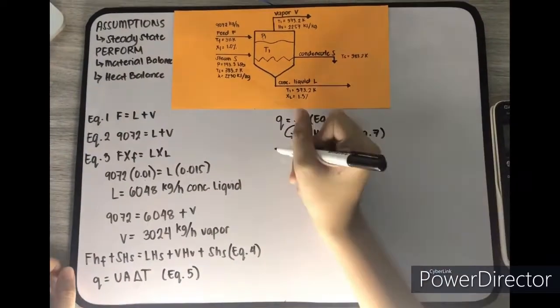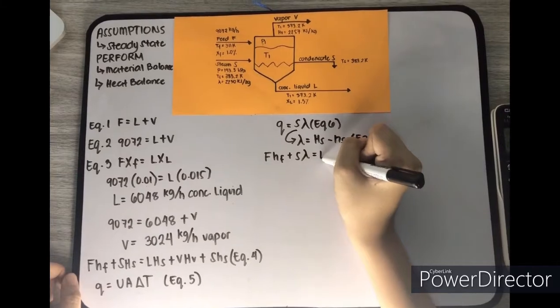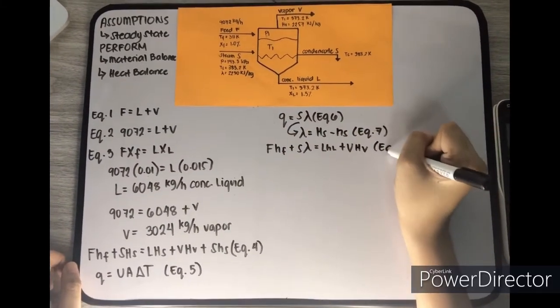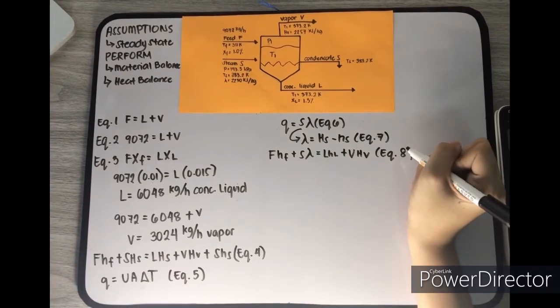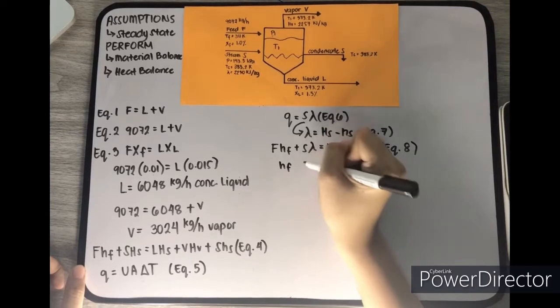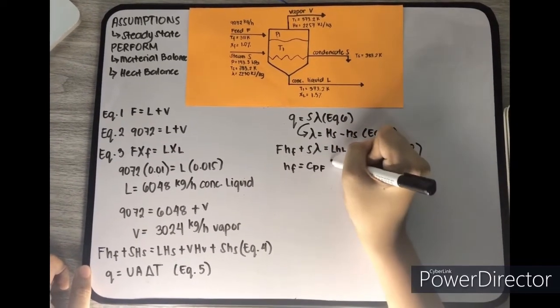Substituting equation 7 to equation 4, we now have F HF plus S times latent heat is equal to L HL plus V HV. The heat capacity of the feed is assumed to be CPF equal to 4.14 kilojoules per kilogram Kelvin. This is often the assumption for the feeds of inorganic salts in water.